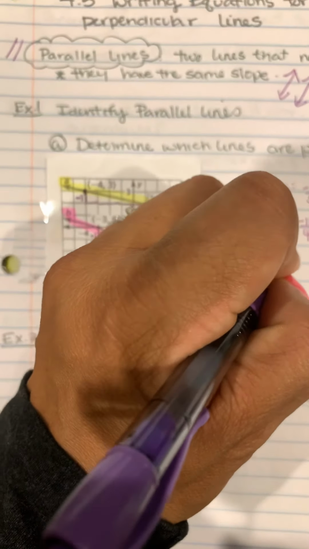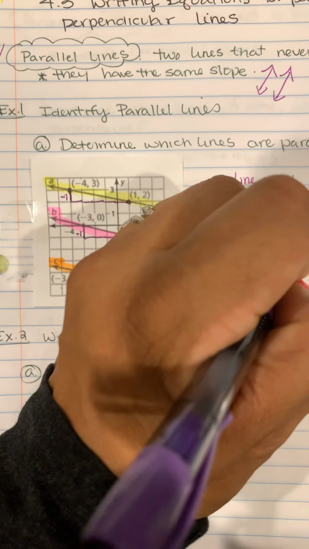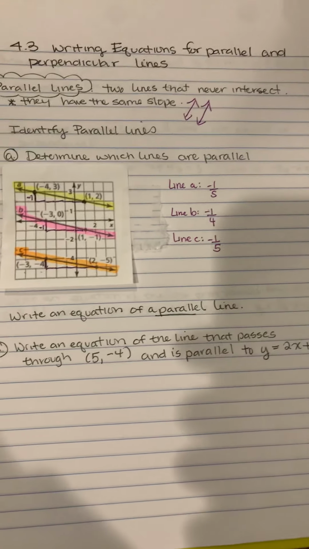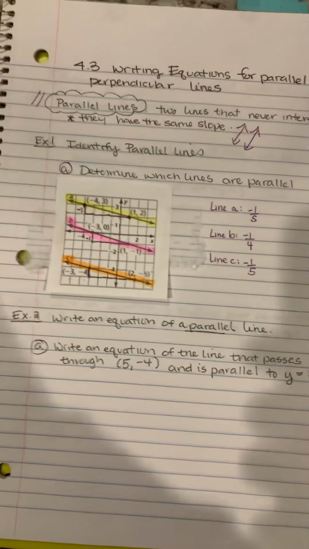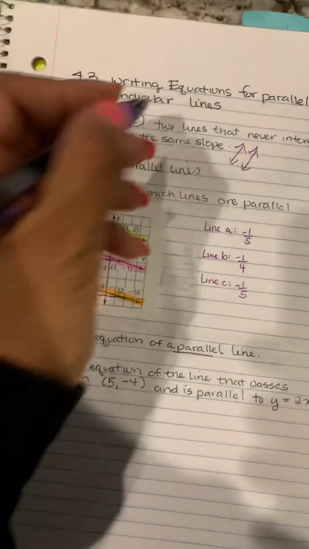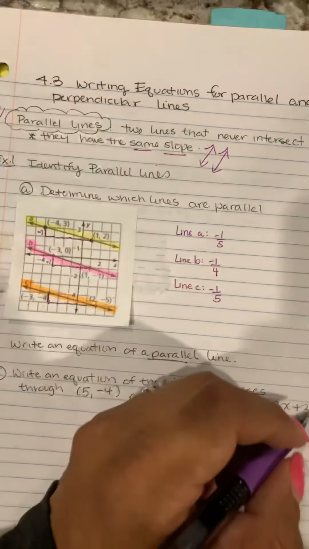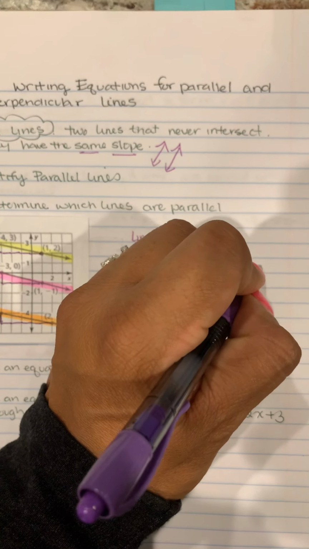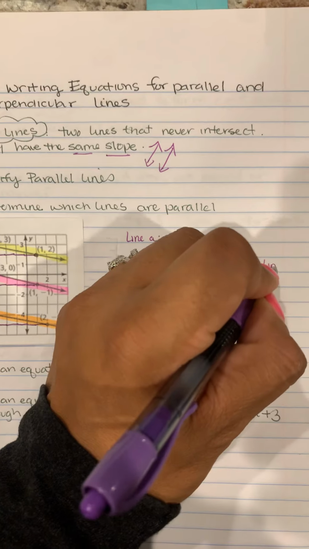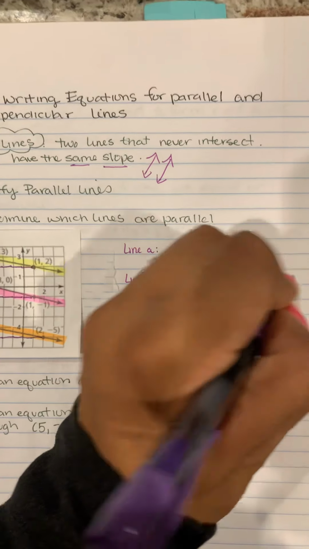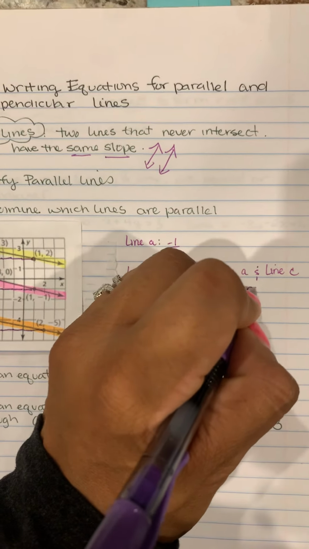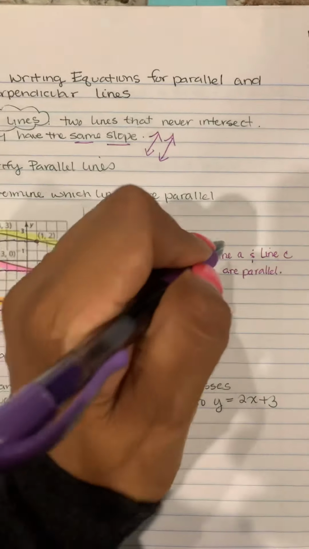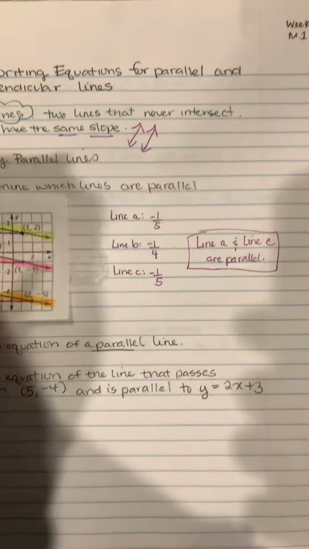So line C is down 1 unit over 5. And as you can see, line A and line C are parallel. They have the exact same slope. And that's your answer.